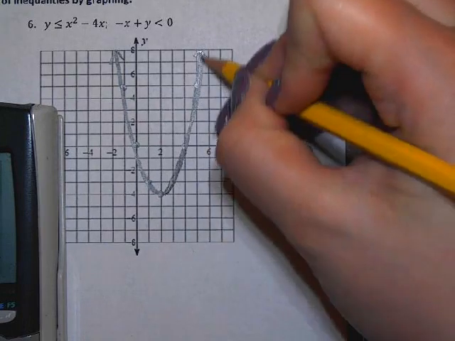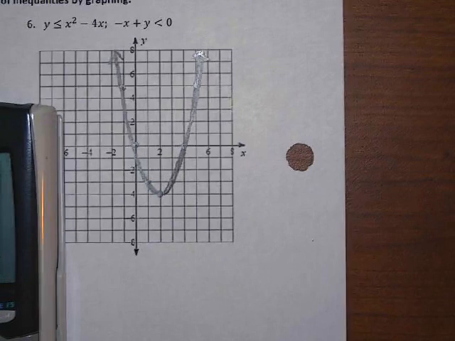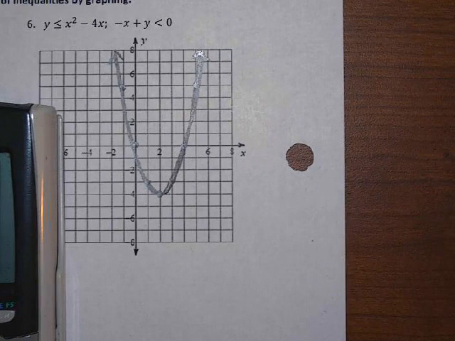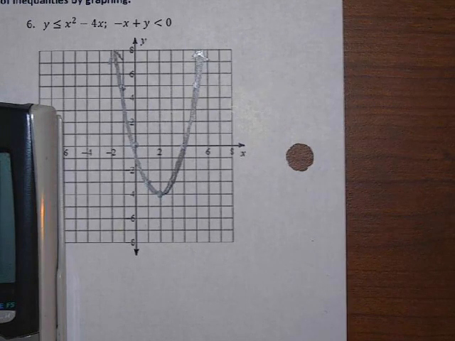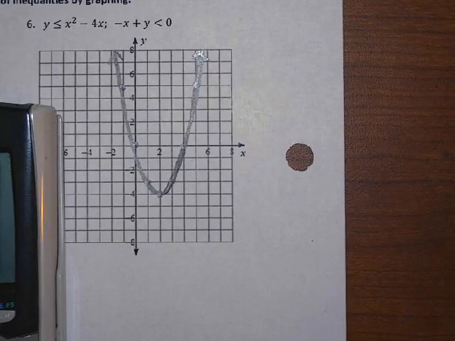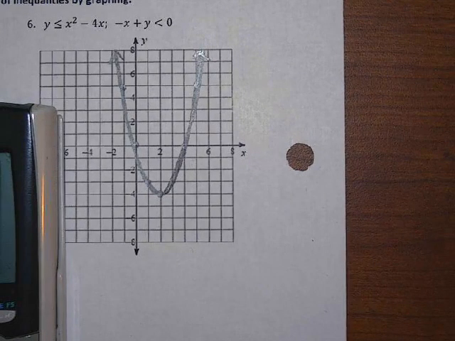Can I use the point 0, 0 to figure out where to shade? No, that's on the line. We have to find something that's inside or outside. So what's a point that you could choose? It can be inside the parabola, it can be outside, it doesn't matter. But what's a point that you could use that's not on the line?